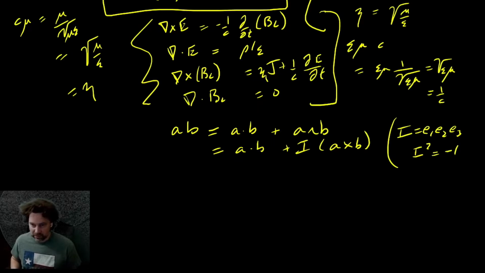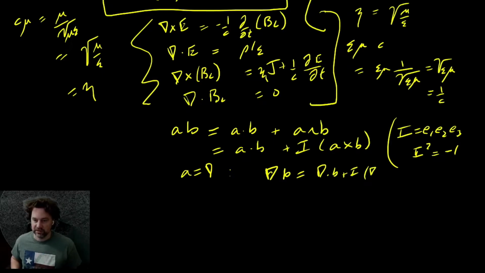That I won't verify here today, but it's easy to do. So in particular, we can substitute A equals grad into this so that we have grad B, say, is grad dot B plus I grad cross B.